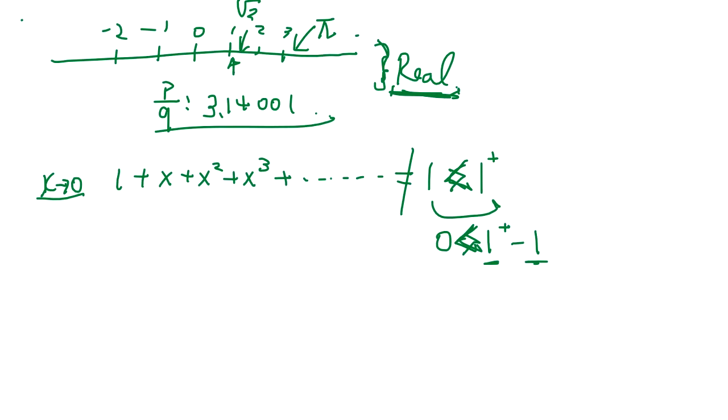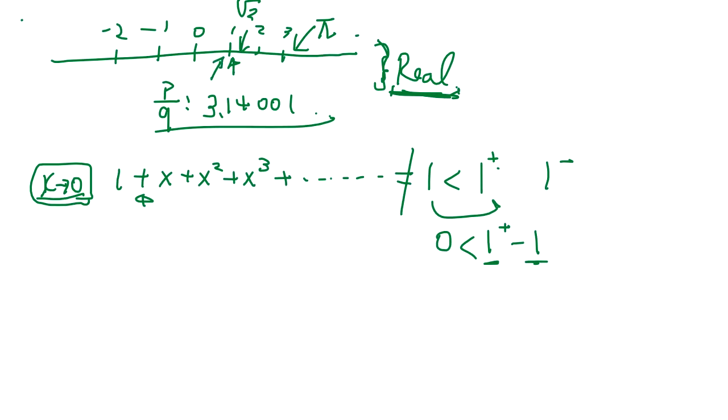This can define a new number. If x is negative, it may be 1 minus, on the minus side.